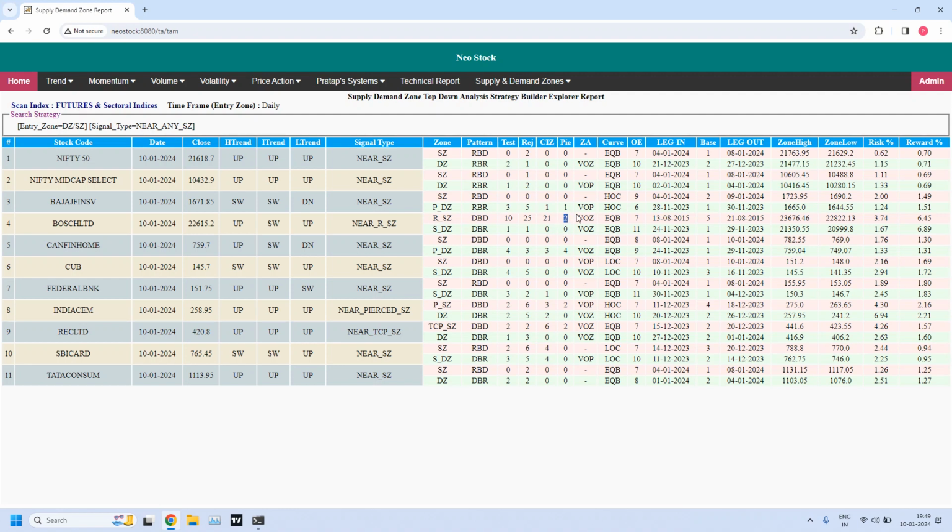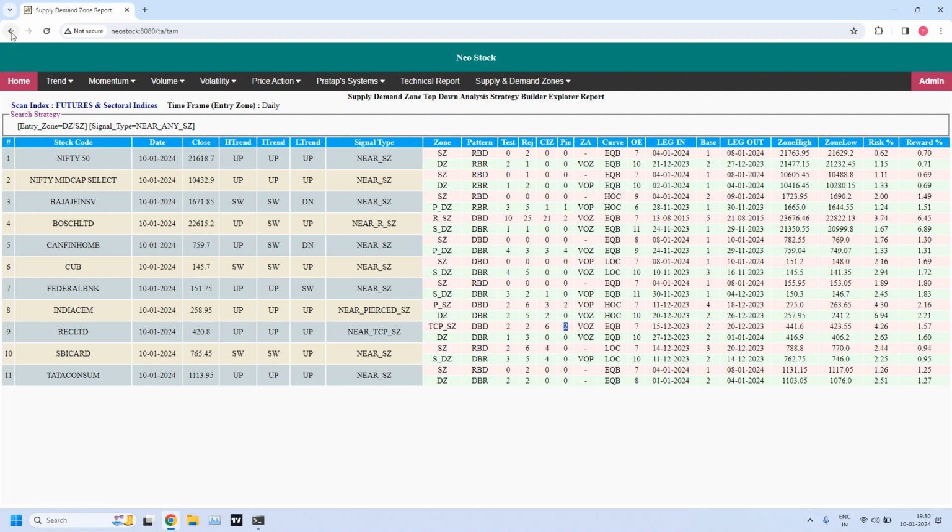Bosch, but it is already pierced, so we can't take this zone. REC is also pierced, we can't take this zone. So no high liquidity supply zones on daily time frame. I mean no valid high liquidity supply zone.